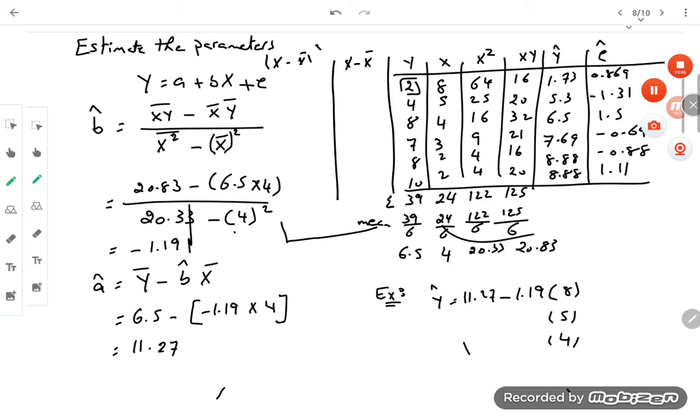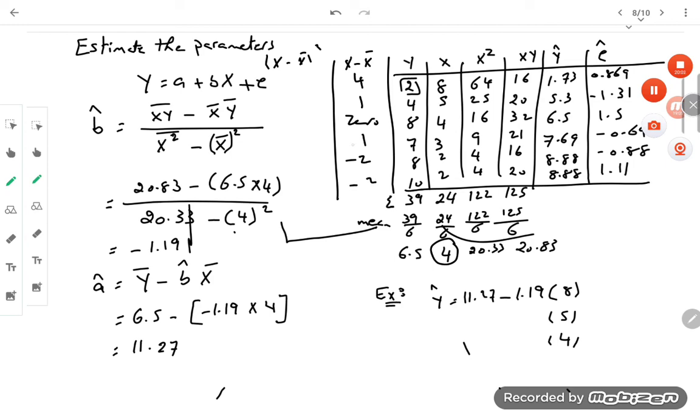So x bar is 4, so it's 8 minus 4 is 4, 5 minus 4 is 1, 4 minus 4 is 0, 3 minus 4 is negative 1, 2 minus 4 is negative 2, and 2 minus 4 is negative 2.